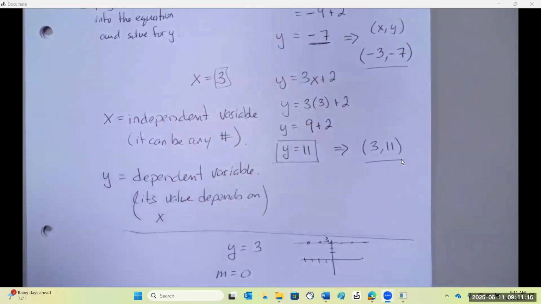Because you will be faced with word problems. It's going to say, find the equation of the line going through this point with zero slope. Let's see this.